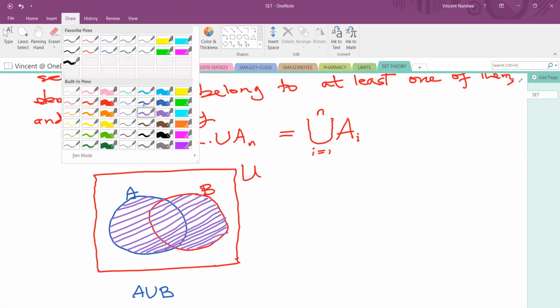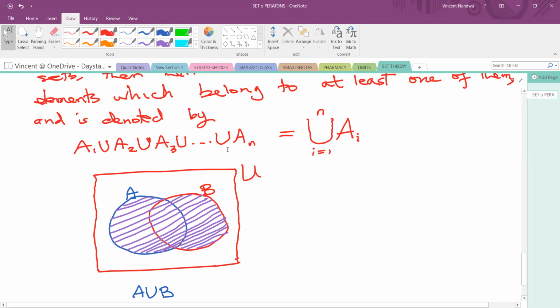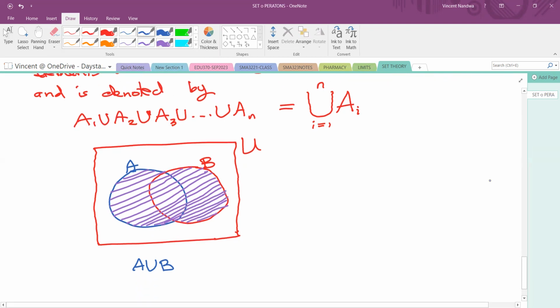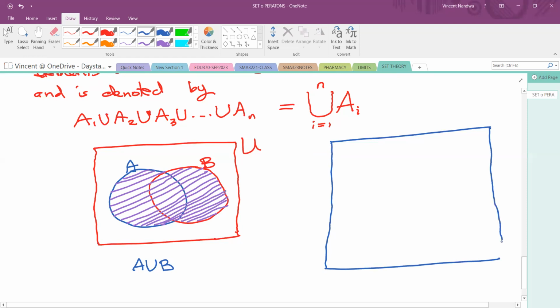And then let's also draw a diagram that represents the union of 3 sets, A, B, and C. So this is the universal set.